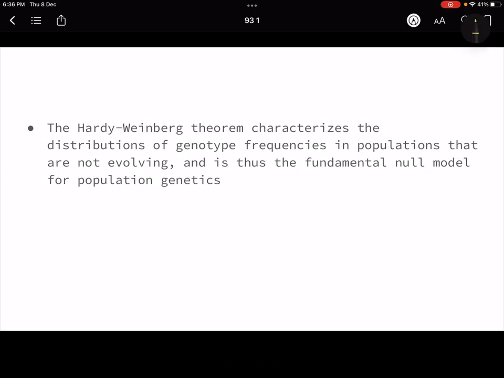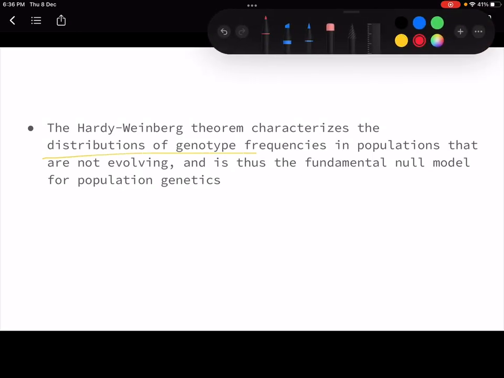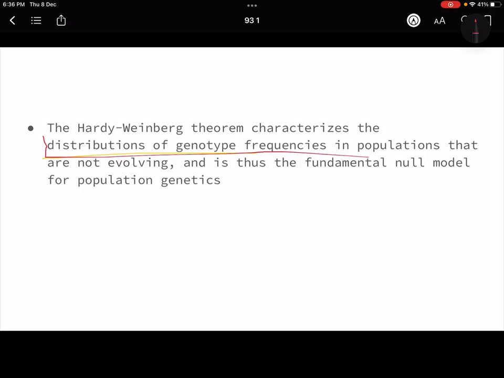So now if you have to say, what is the Hardy-Weinberg theorem? It talks about the distribution of genotype frequencies in a population. For example, how many people have black hair, brown hair, red hair in the population.